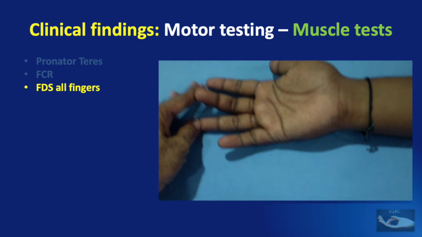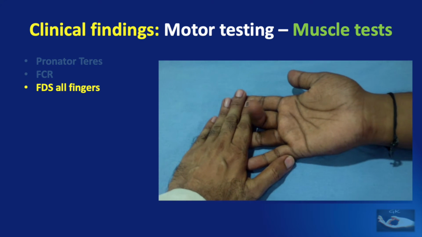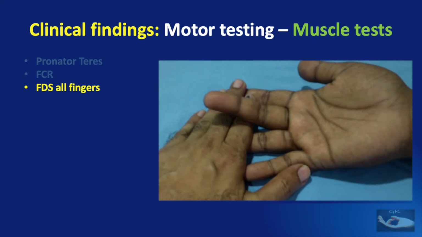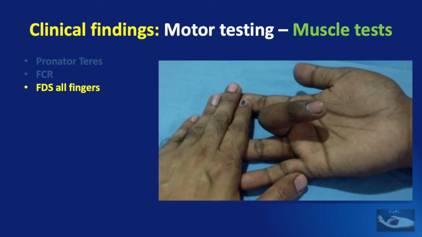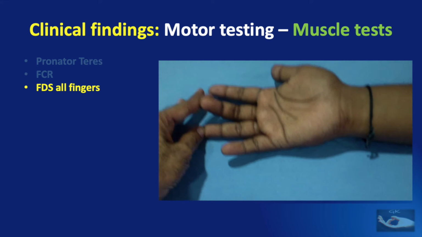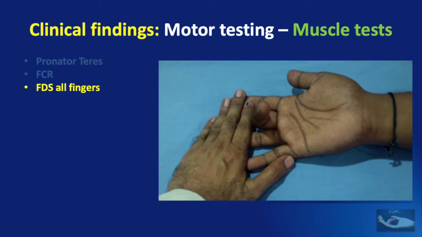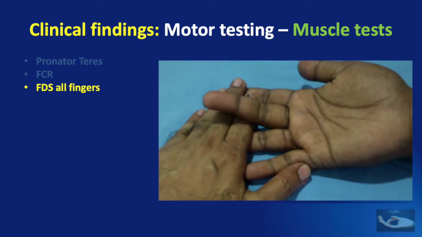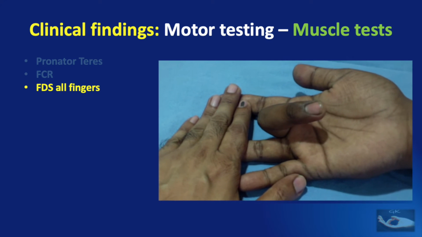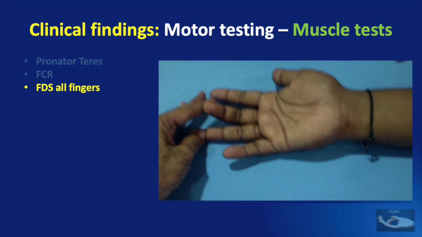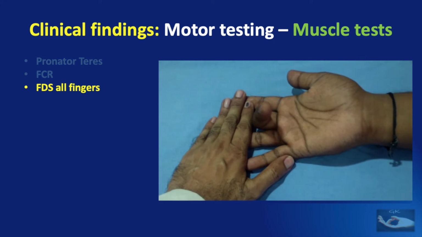To prevent this flexor digitorum profundus from acting, we ask the patient to keep the palm of the hand facing upwards flat on the table, restrict the index, ring and little fingers, and then ask the patient to flex the middle finger. This is because the flexor digitorum profundus belly of the middle, ring and little fingers is common. So when the ring and little fingers are restricted, the flexor digitorum profundus to the middle finger cannot act, and whatever flexion we get at the middle finger proximal interphalangeal joint is due to the flexor digitorum superficialis alone.